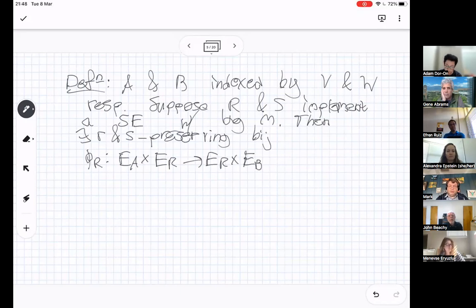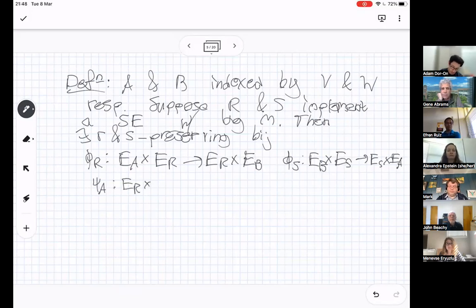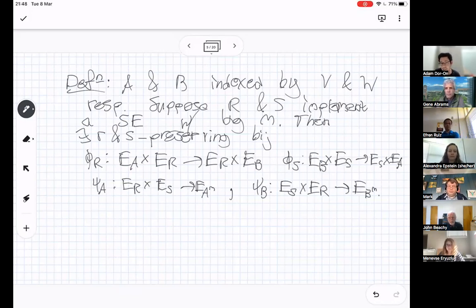So this is phi R, phi S for the other intertwining relation. And then we have the power relations, R times ES to E A to the M, and then psi B, which is going to be from ES times ER to E B to the M. So far I have not said any definition for anything.